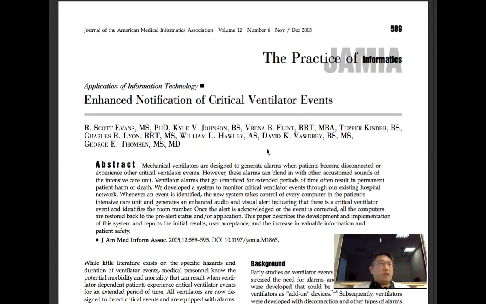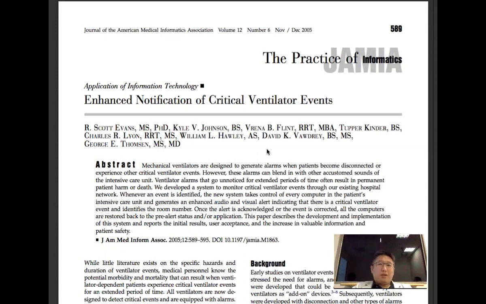If they think that patient is in danger, then they will shut down all the monitors in the ICU. Then there is an alarm saying which bed in the ICU has a disconnected ventilator. That's straightforward.